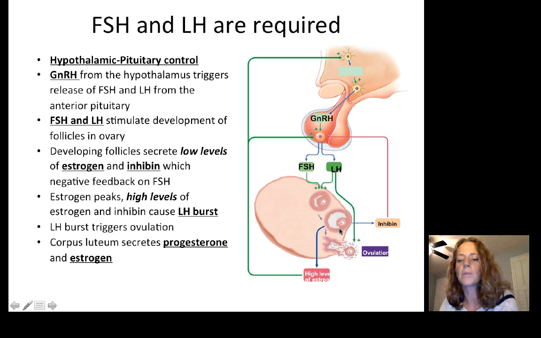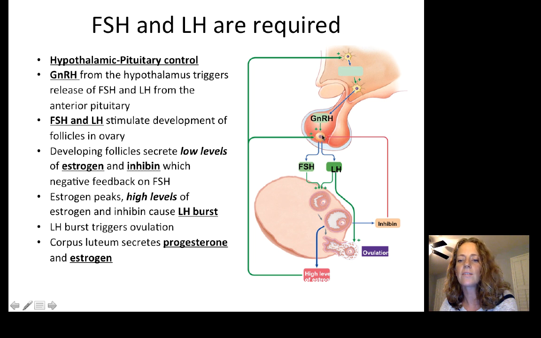Once the follicle matures enough that it secretes high levels of estrogen, that high level of estrogen will feed back on the anterior pituitary and actually stimulate LH.